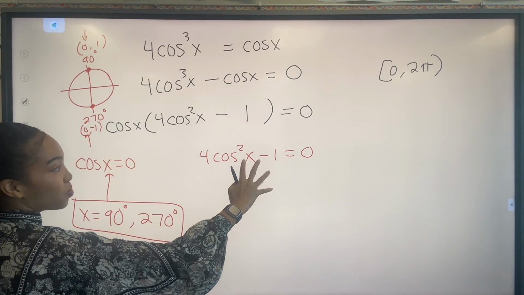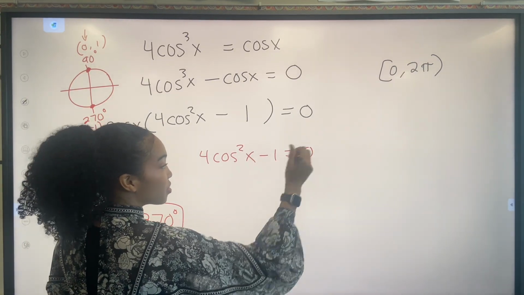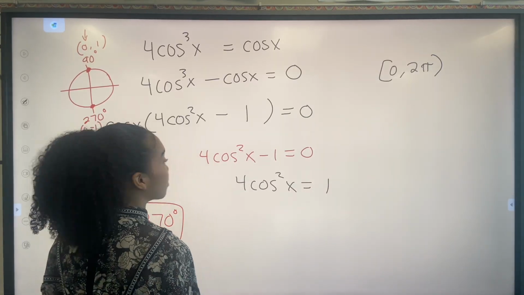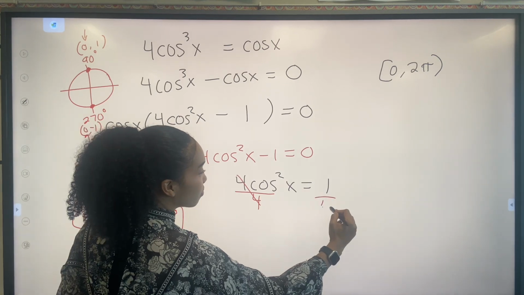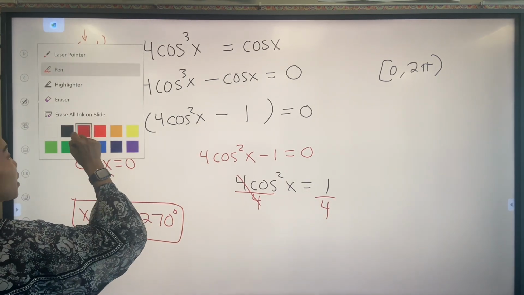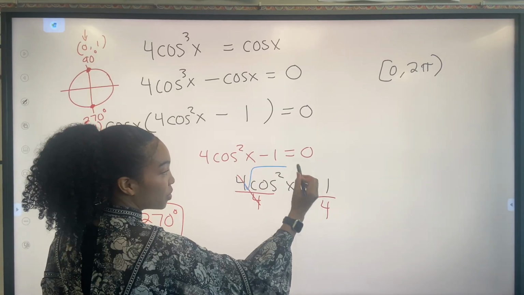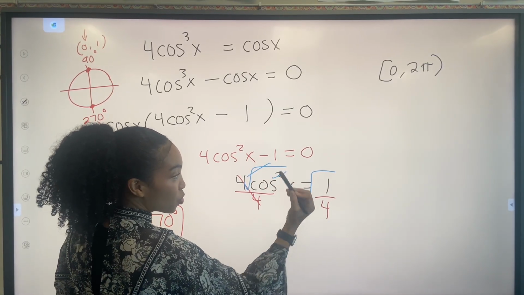Now let's solve this one. You have a minus 1. I'm going to move it to the other side, making it a positive 1. And then we're going to divide both sides by 4. How do I get rid of this squared? Yep, you're going to square root it. So I'm going to square root both sides. The square root cancels out with the squared.